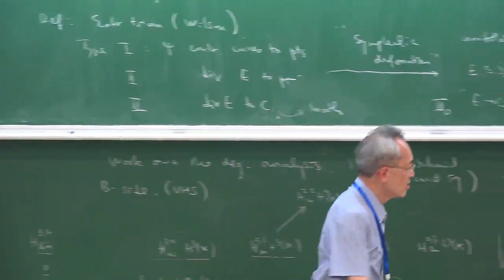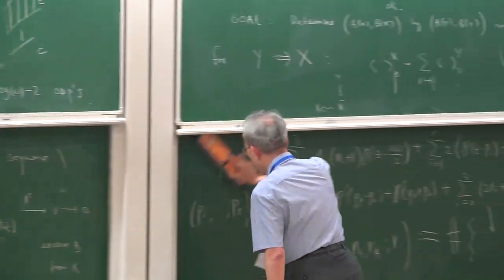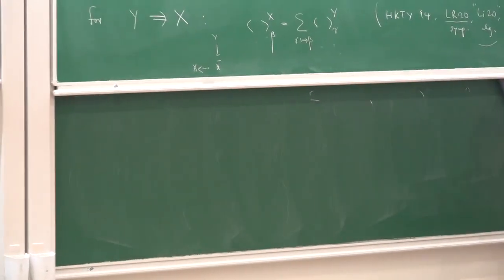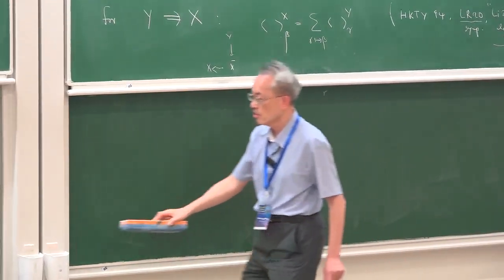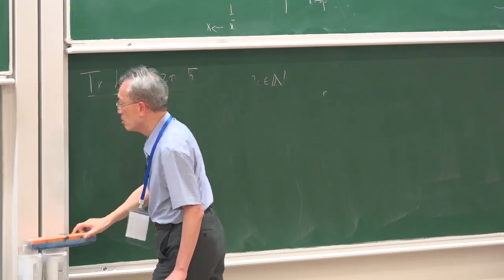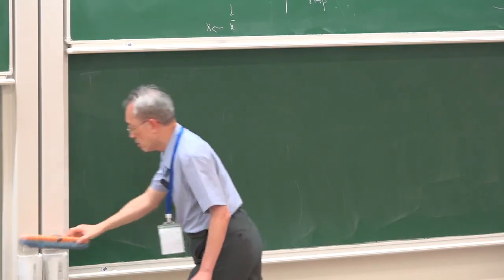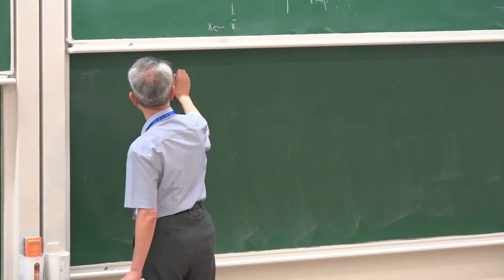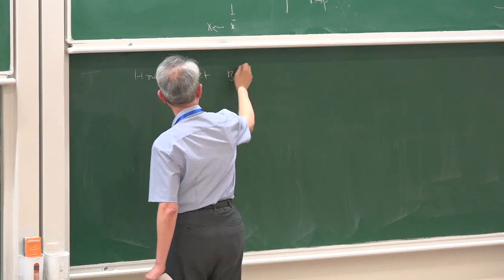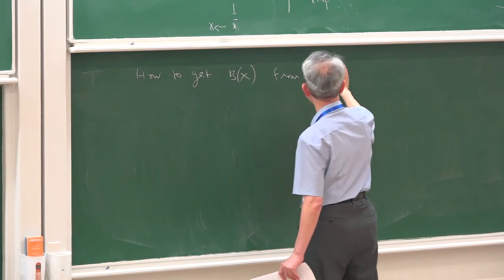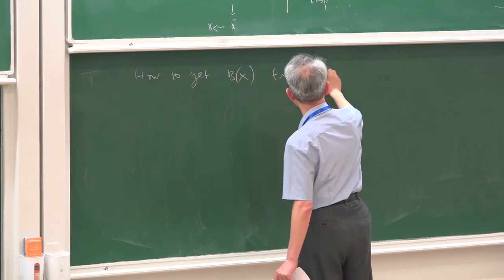But then the problem is I also need to determine the B model of X. So the problem is how to get the B model of X from the A model of X and from B of Y.